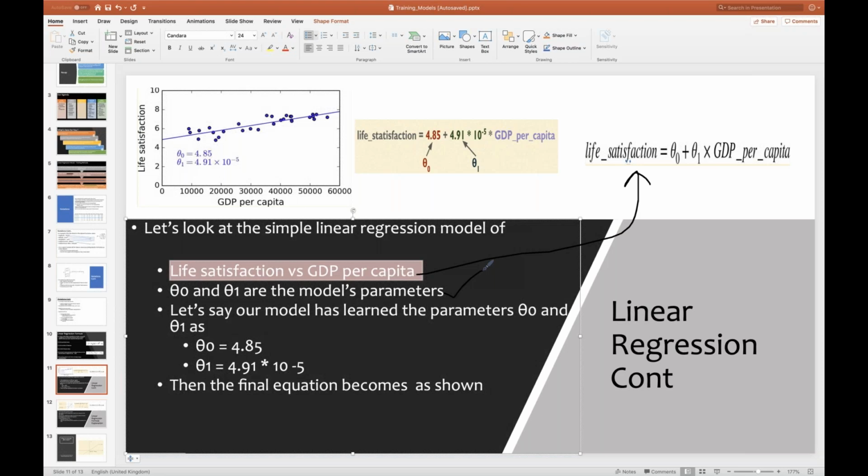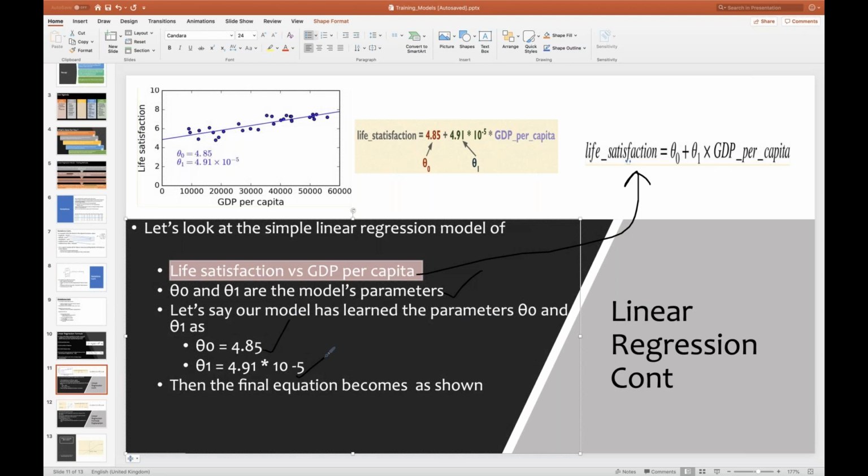Let's say, for example, our model has learned the parameters theta 0 and theta 1 as 4.85 and 4.91.